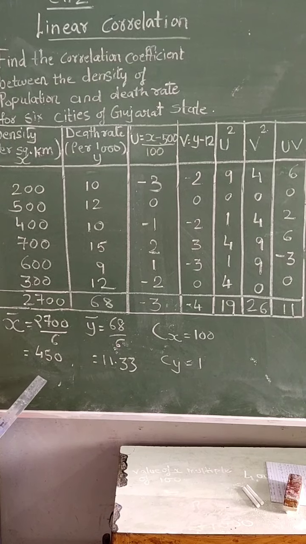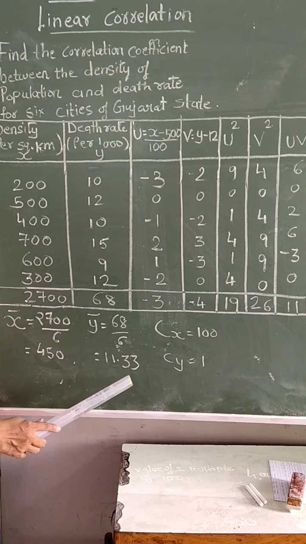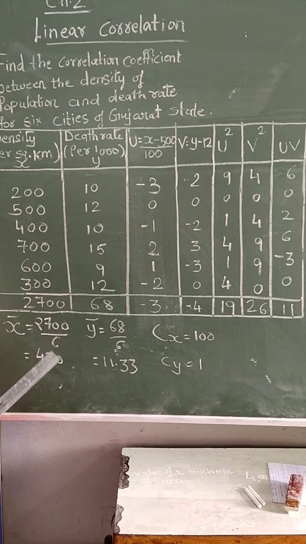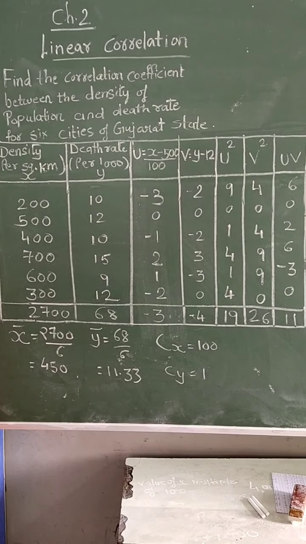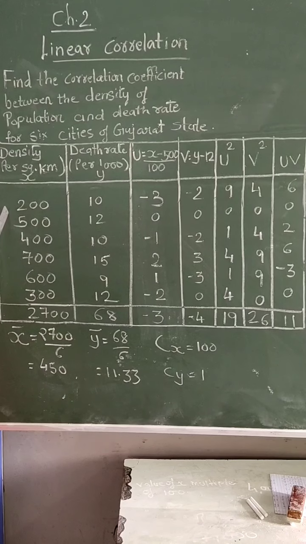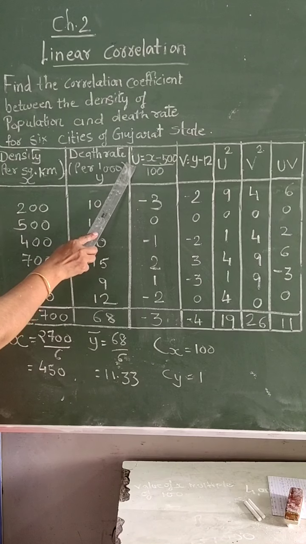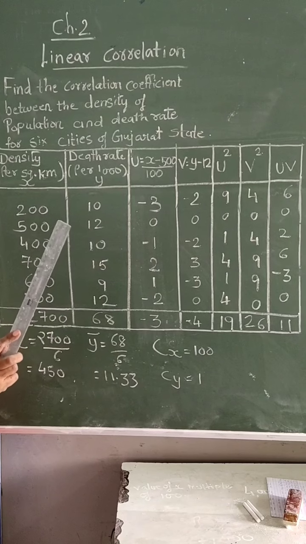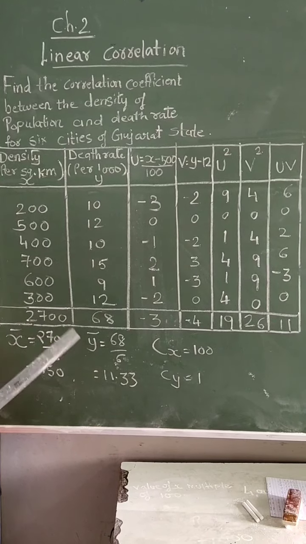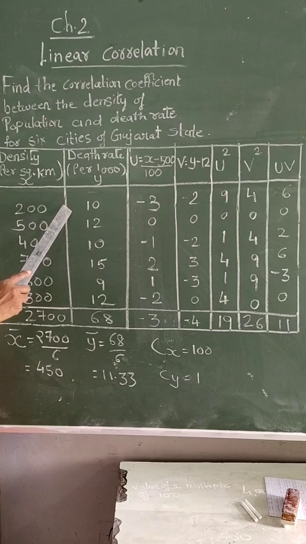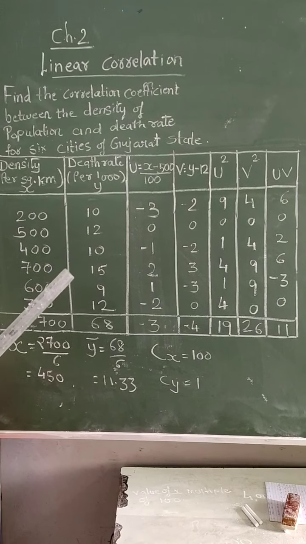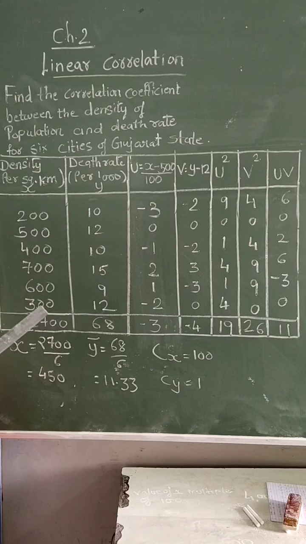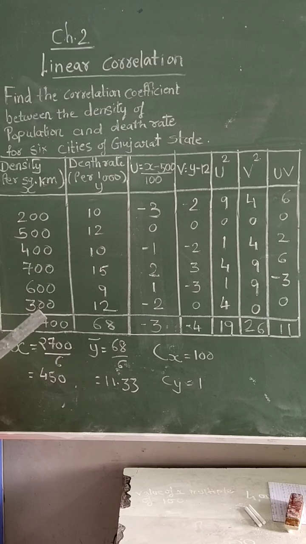So one mean is integer, another mean is fraction. So we go for our shortcut method, taking variable x, changing it to variable u. X minus a, that is assumed mean, divided by 100. Variable y, we convert it to v, taking y minus b, that is our assumed mean, divided by common value.